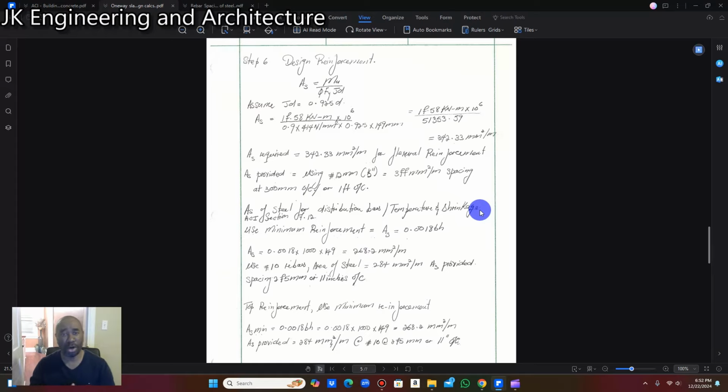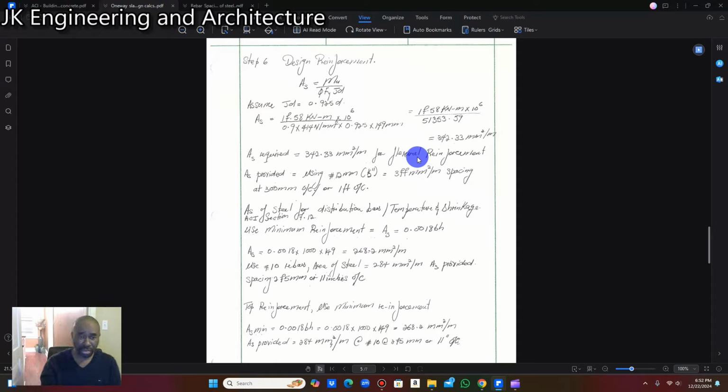That's our flexural reinforcement. So our area of steel required is 342.33 millimeter square for flexural reinforcement, the reinforcement that goes into the bottom of the slab and carries the load. We set that aside.